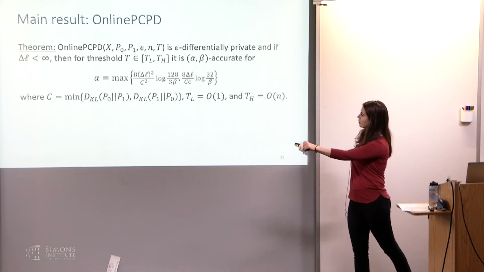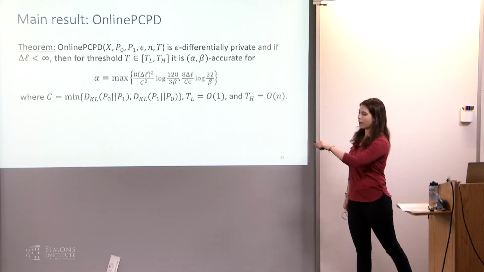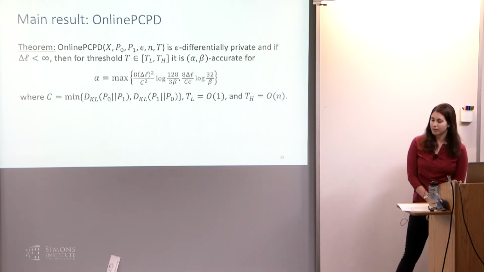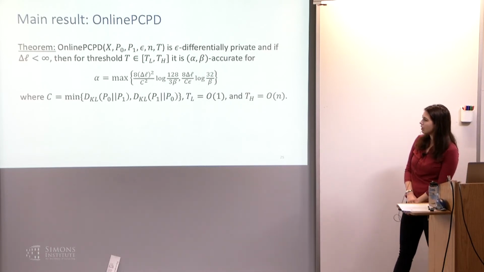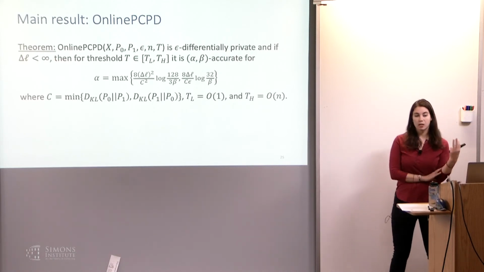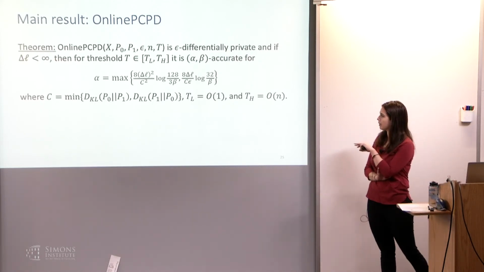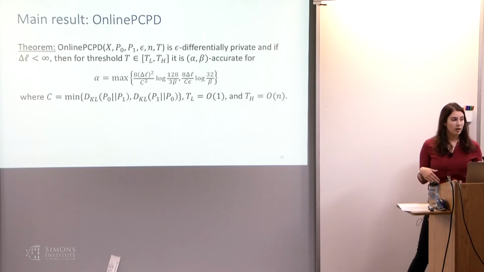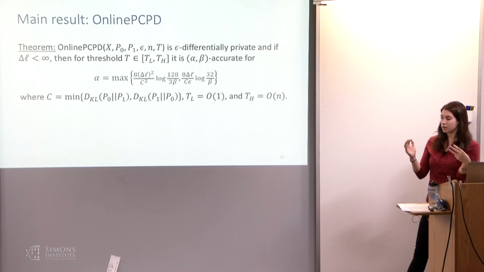Okay, and so this actually looks extremely similar to what we had before. This is great news. We have only lost some factors of 2 compared to the offline case. So really this says we don't lose anything aside from some constants from being in this much harder environment.